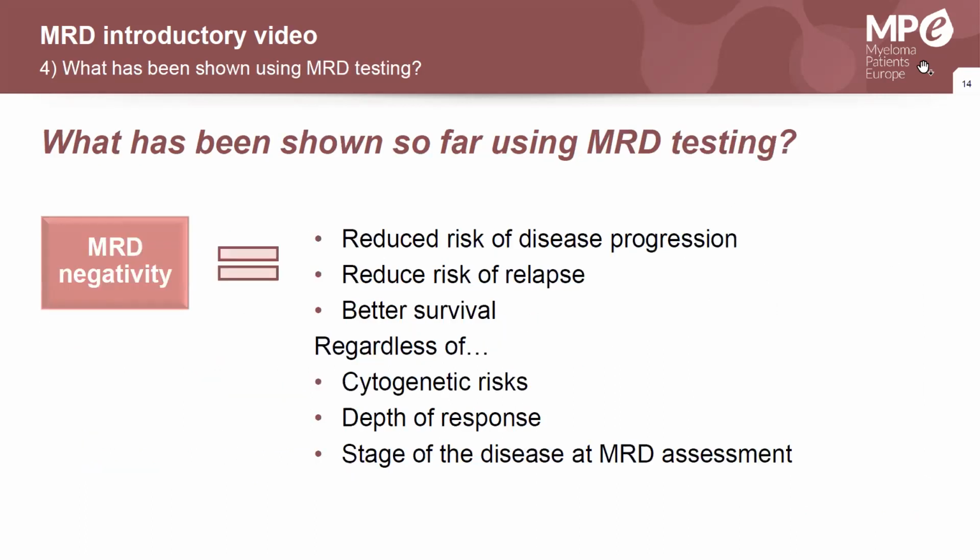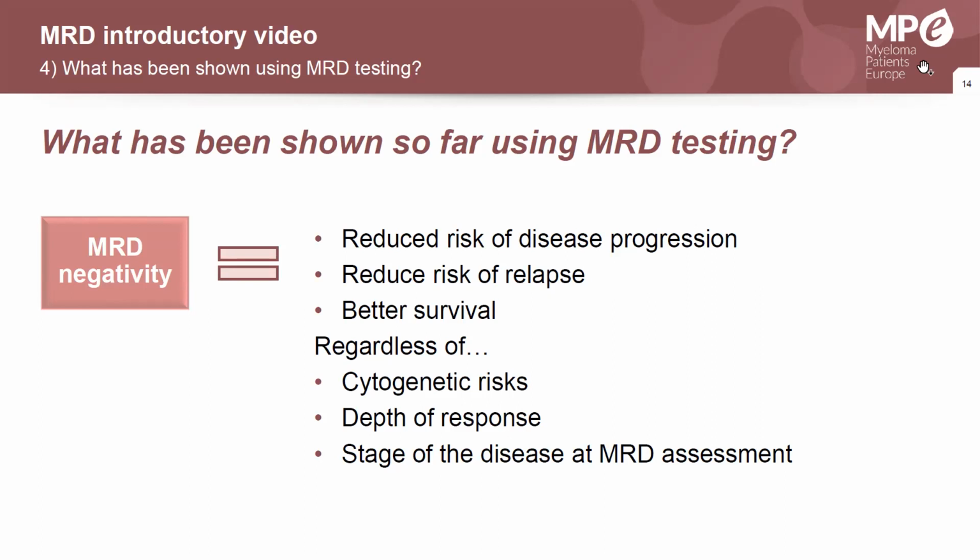So what has been shown so far using MRD testing? The first analysis looked at the prognostic impact of MRD negativity on patient clinical outcomes. It showed reduced risk of disease progression and relapse and a better survival for MRD negative patients.